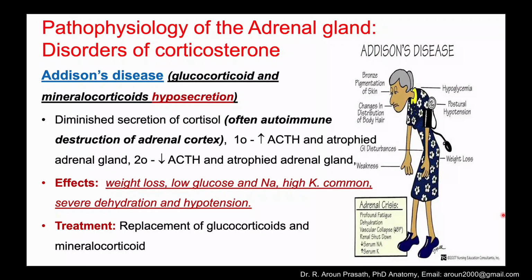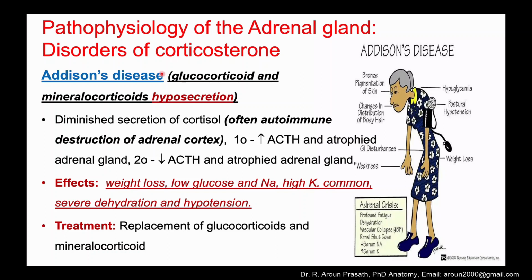Okay, next, there is another condition called Addison's disease, that is decreased secretion of glucocorticoids and mineralocorticoids. So what happens here? When there is increased ACTH or an atrophied adrenal gland, it leads to a decrease in the secretion of these adrenal cortex hormones, leading to weight loss, low blood glucose level, low sodium level, increased potassium level, commonly severe dehydration and hypotension.